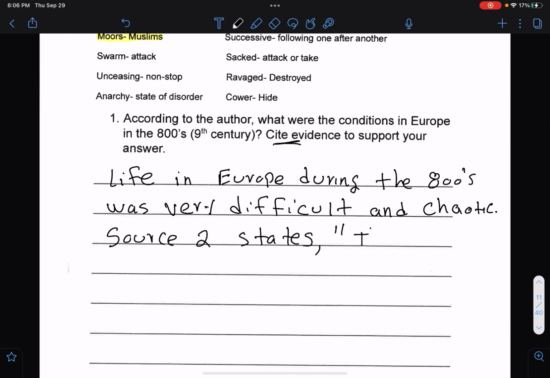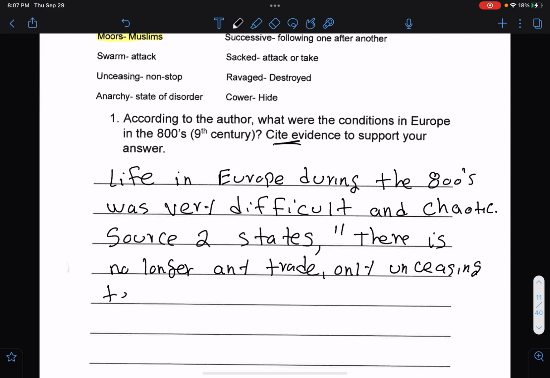It says, there is, right here, there is no longer any trade. So this evidence is supporting my claim. Only unceasing or non-stop terror.